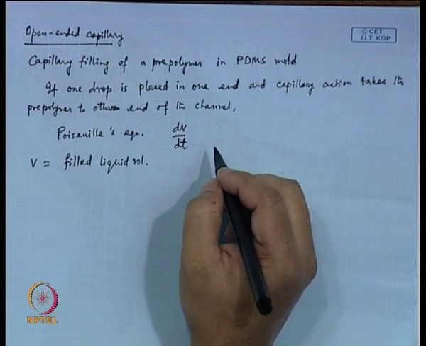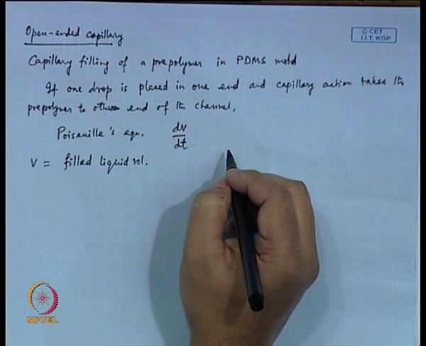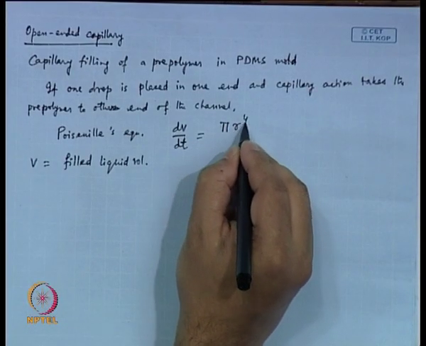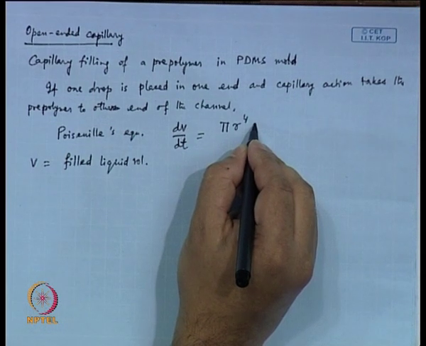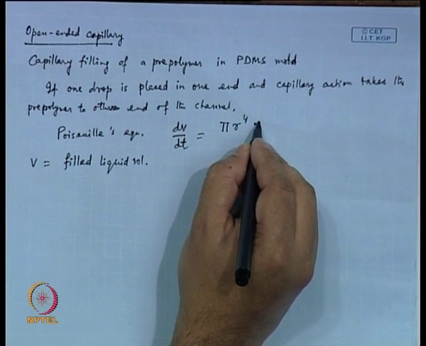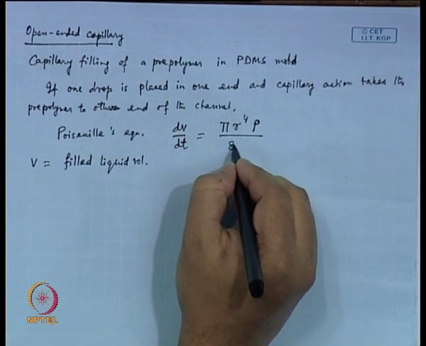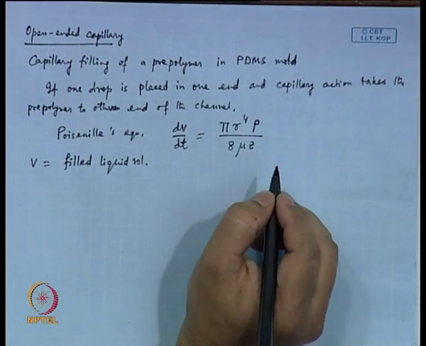That would be the velocity multiplied by the area, which is equal to pi r to the power 4 delta P divided by 8 mu z.